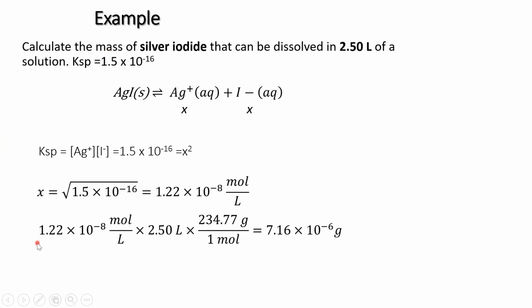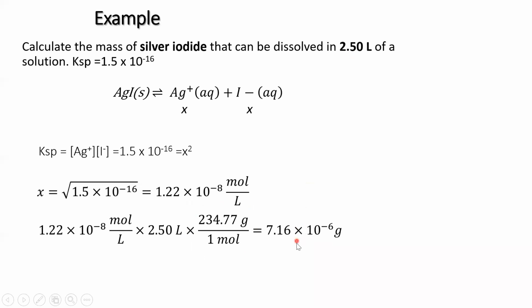So we take the molarity and multiply it by the volume. This gives us moles of silver iodide. Multiply it by the formula weight for silver iodide. This came off the periodic table. And now we know how much silver iodide actually dissolved in that 2.50 liter solution.